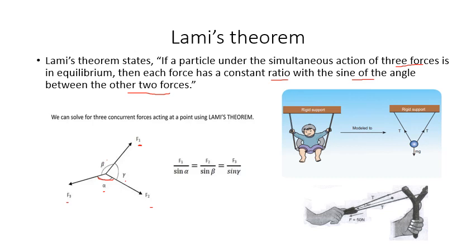So F1 divided by sine alpha equal to. So how about for F2? F2 divided by the sine of the angle between the other two forces, which is beta, sine beta. And equivalent to F3 divided by the angle between the other two forces, which is gamma, so sine of gamma.